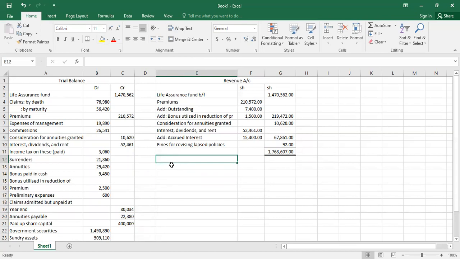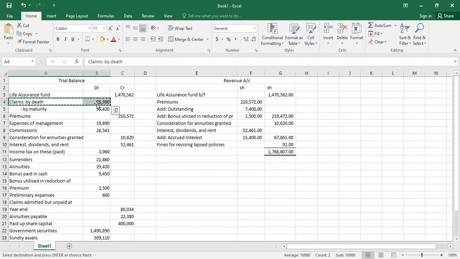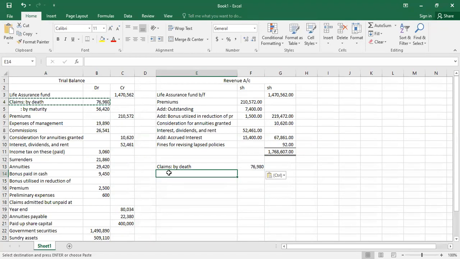So I did now the debit side. On the debit side, we start by claims. So I have the claims. Claims by death. I can pick them the way they are. We adjust now the claims.